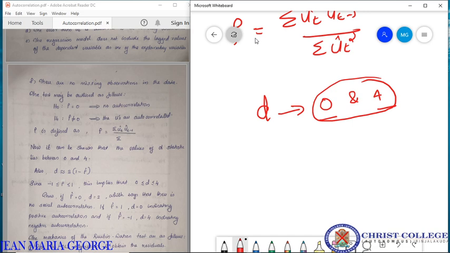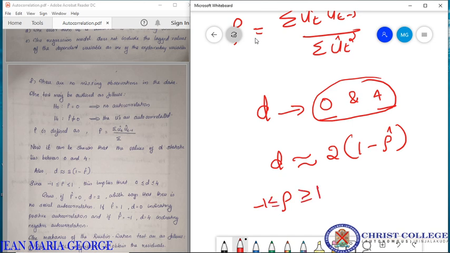So the D statistic can also be written as D is approximately equal to 2 into 1 minus rho hat. This equation is formed because our rho lies between minus 1 and plus 1.